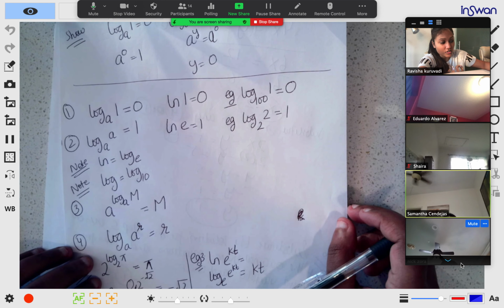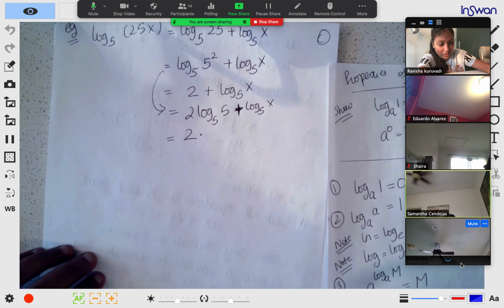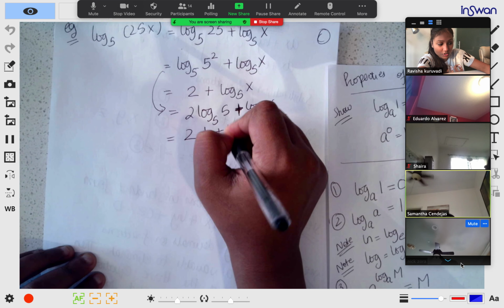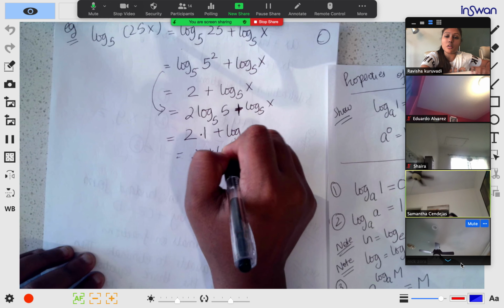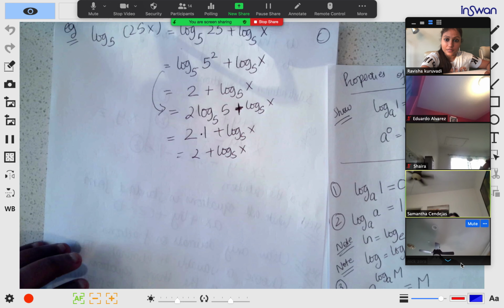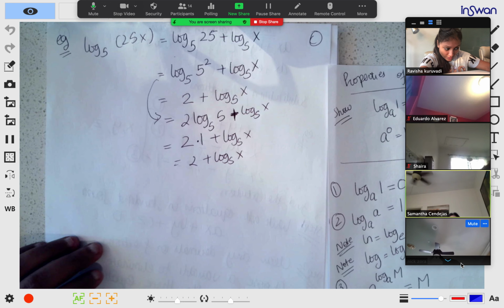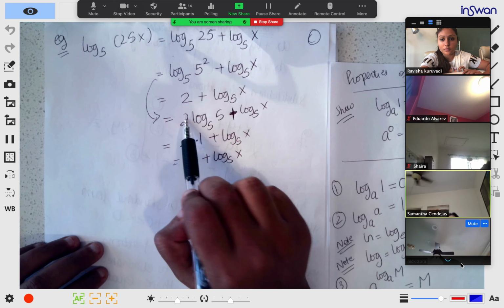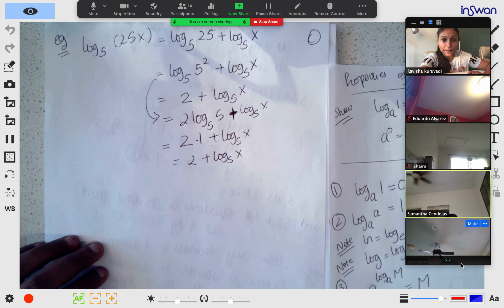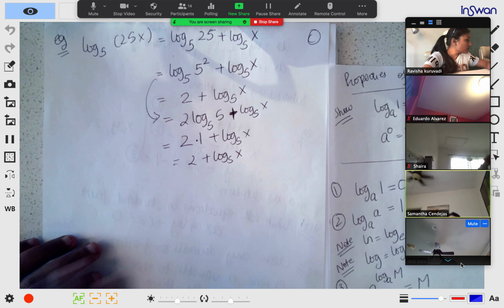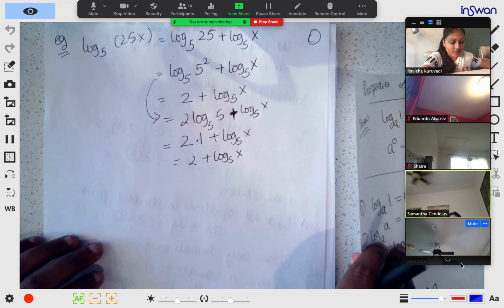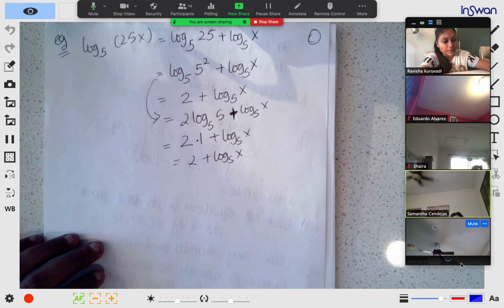So this value becomes 1 and you get 2 plus log 5 of x. You can remember that way also: log throws the exponent in front, and then this value becomes 1, because of property 7. Yes, it picks it up and throws it in front. Any other question, anyone?